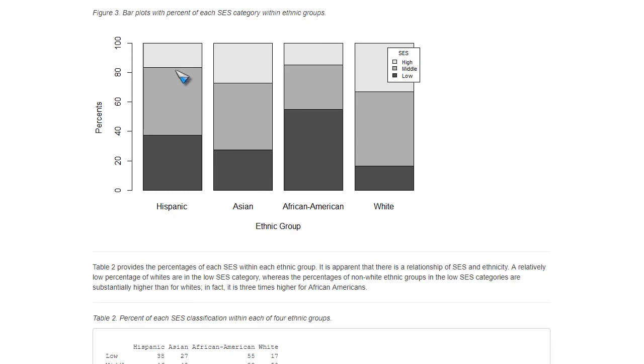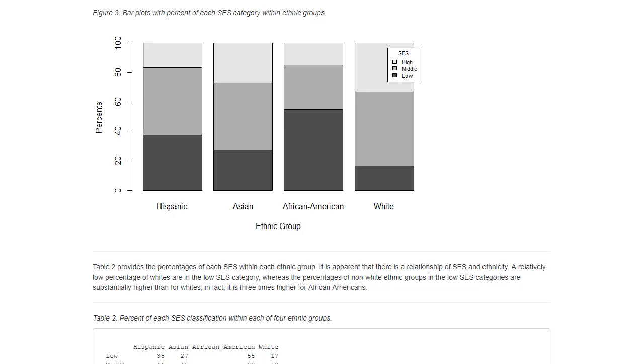I could compare high SES for Hispanic to high SES for Asian. I could compare middle SES for Hispanic to middle SES for African American, low SES for Asian to low SES for white, and so on and so on and so on. Too many of these to do.